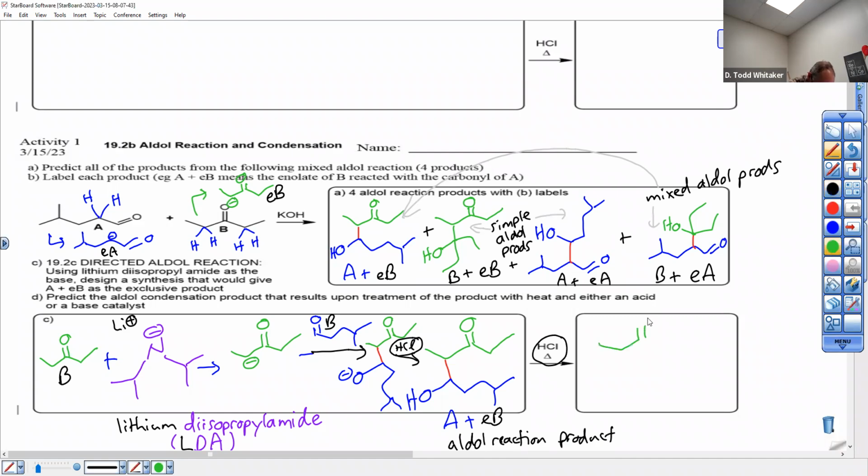And this is the end here, everybody. You're going to have a double bond, and the carbonyl is less sterically hindered, so I want the groups always near the carbonyl. And there it is. And that's the aldol condensation product. And there you have it. End of video.